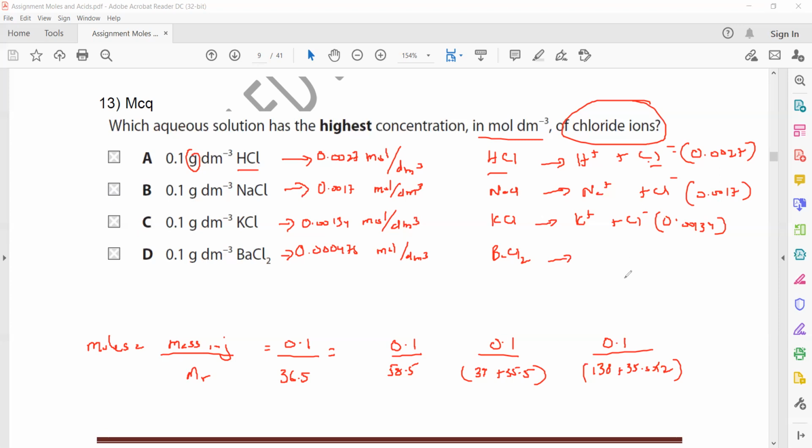And then the ratio of barium chloride to chloride ion is 1 to 2. So if we have the concentration 0.000478, then the chloride concentration will be X. What will be the value of X? It is 0.000478 multiplied by 2.